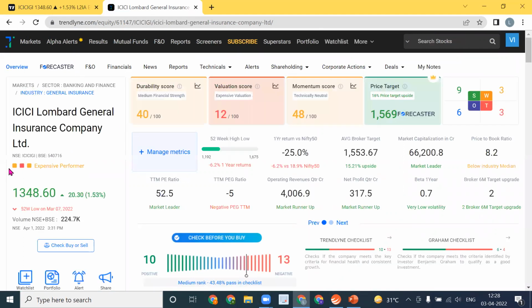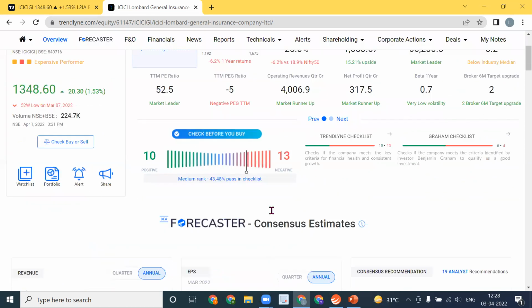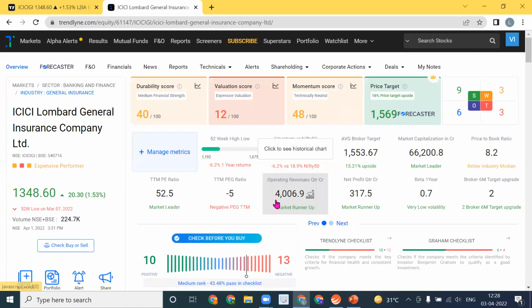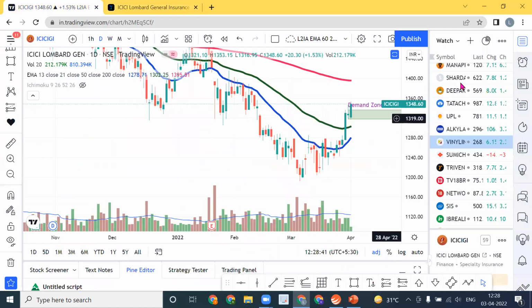Here it is. Fundamentals are not good. Valuation is okay. Technically, the maximum it can go is to this level. It is not a buy, it is negative. So if you are making some profits at some appropriate level, you can exit.